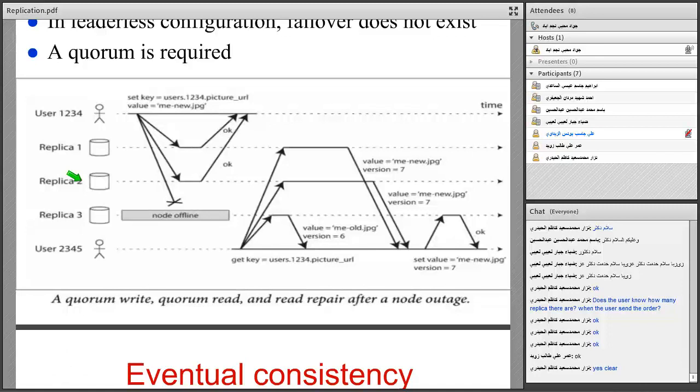When the number of replicas which received the latest information is 2, that's enough for us, because more replicas receive the latest information. It's called quorum write and quorum read, and we need quorum in leaderless replication.